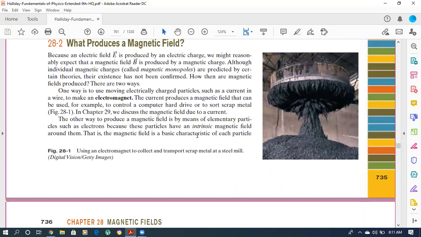Why are all materials not magnetic materials? Because all of them have the same electrons, protons, neutrons, and such arrangements. So what is the difference between magnetic material and non-magnetic material? Why do only certain materials have their magnetic field and the rest of them don't have any magnetic field?